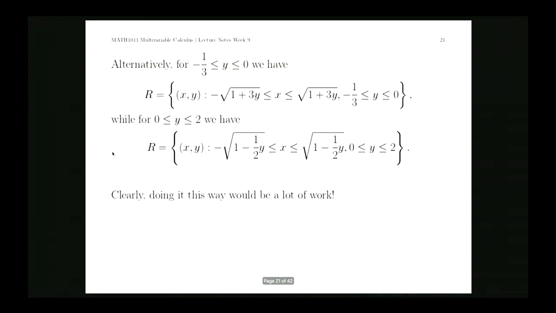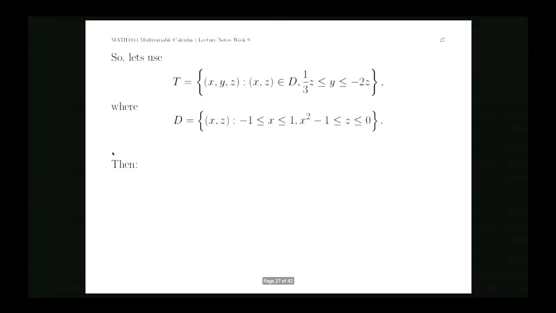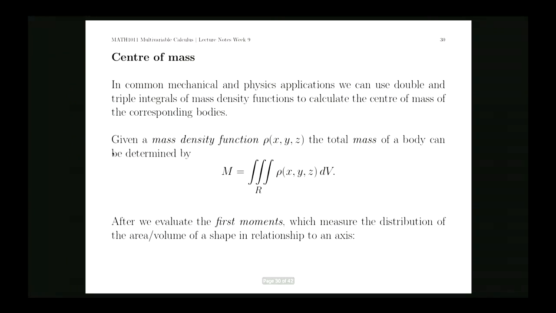Just as single variable integrals have uses, like we use them to calculate areas, and we saw we could calculate lengths of curves and things like that, double and triple integrals have lots of uses as well, and one in particular that's useful is centre of mass. So who's done any sort of mechanics or statics type stuff?